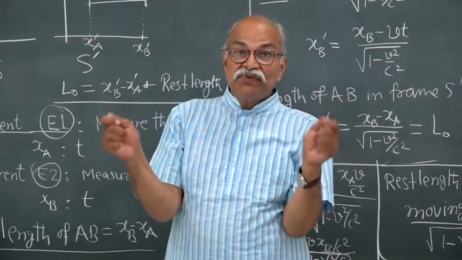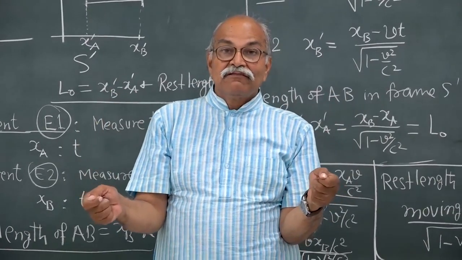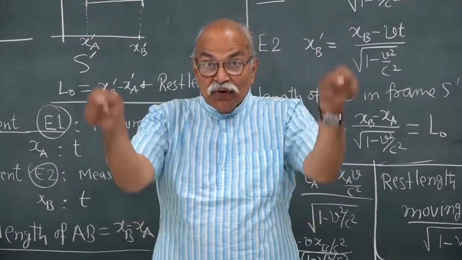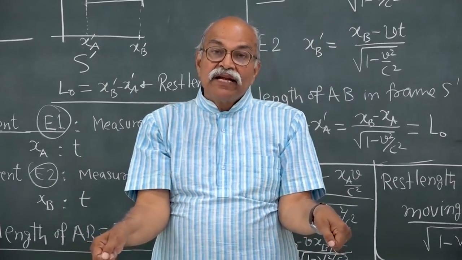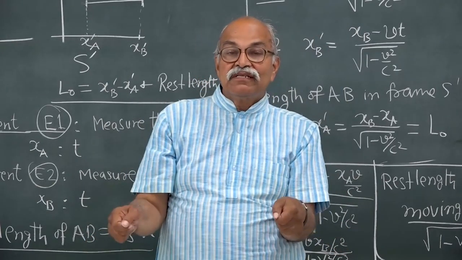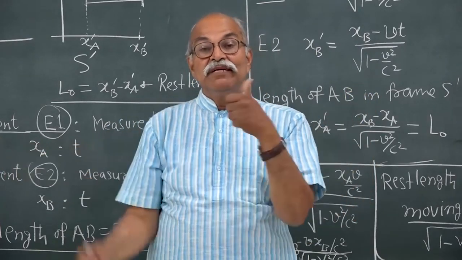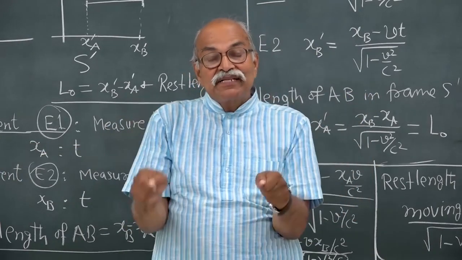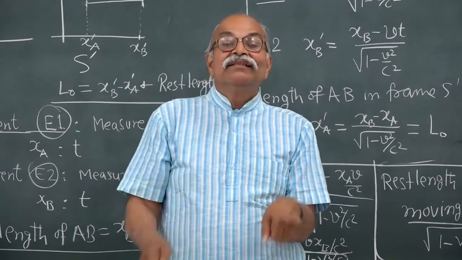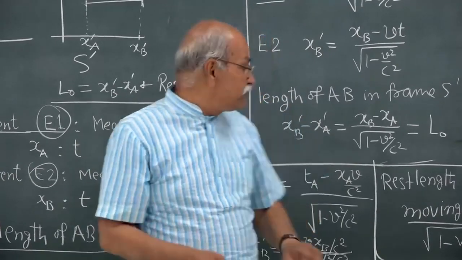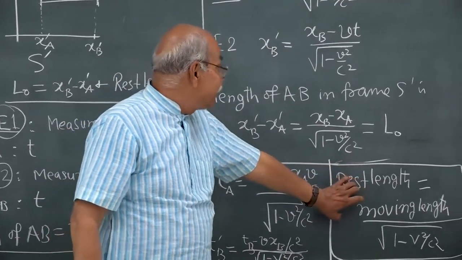The separation between two poles from a frame in which these two poles are stationary, and the separation between the poles from a frame in which these two poles are moving will be different, and the rest separation will be more than the moving separation. So, this phenomenon is known as length contraction.